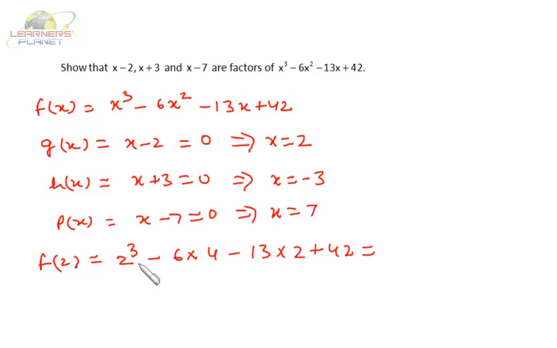So it's 8 minus 48, 24 I'm sorry, minus 26 plus 42. That means it is 0. Okay, so that means x minus 2 is definitely a factor of x cube minus 6x square minus 13x plus 42. Now we have to find out whether x plus 3 is a factor or not. So let's calculate f of minus 3.